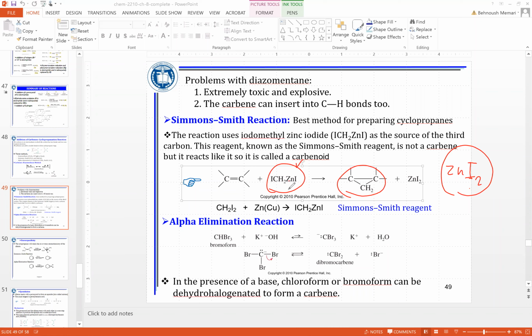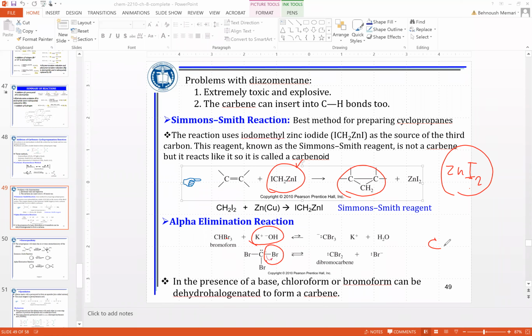The alpha elimination reaction. In the alpha elimination reaction, in this case, you start with bromoform or chloroform with a strong base. You are going to remove one of these Br, which is basically losing the Br with the pair of electrons, and formation of the carbene, but it is a dibromocarbene.